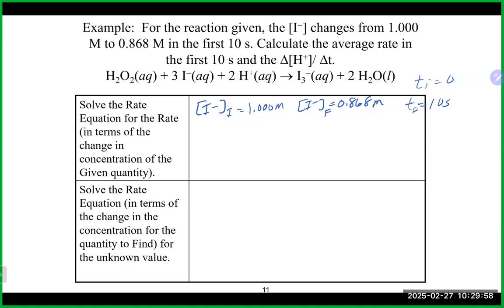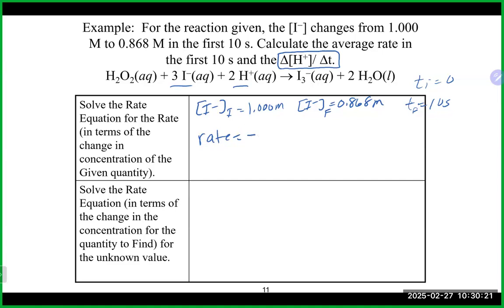In this case, we are looking for really the average rate and how the concentration of H plus over time is changing. So what I would start with is really the two rate expressions that are in play here, and that would be from here and here. So we could write for our I minus that the rate is equal to, it would be negative because it is a reactant.